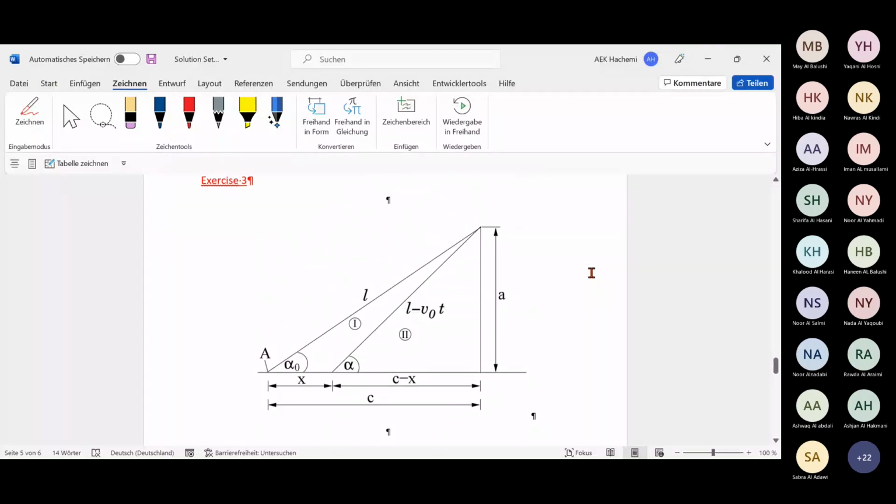We know the distance c, we know the distance A. This is where we put our coordinate system, Y, and we have our coordinate system along X direction.